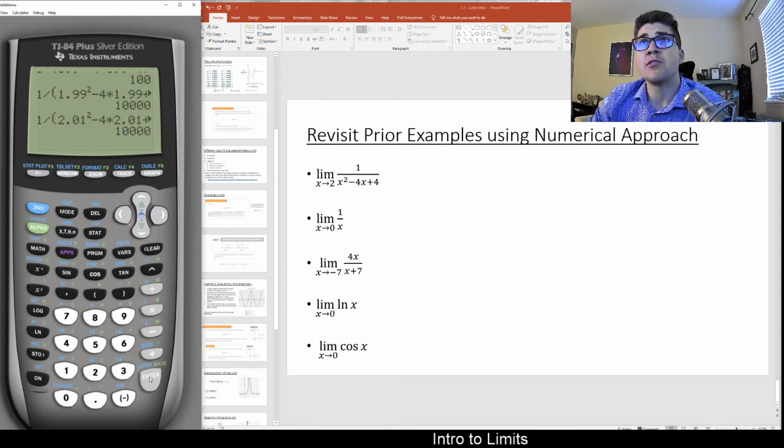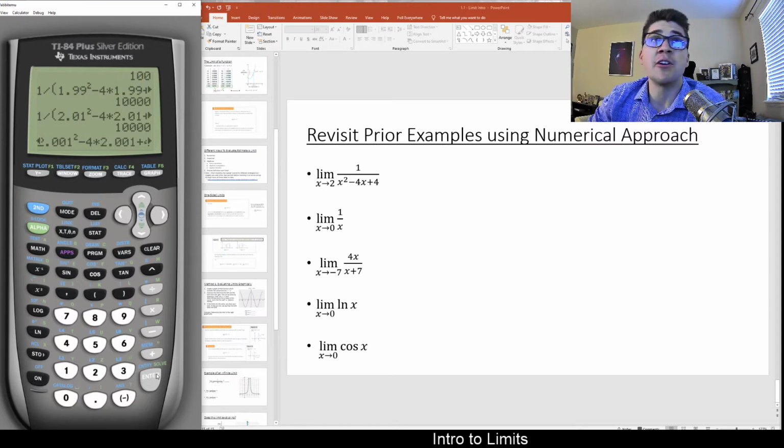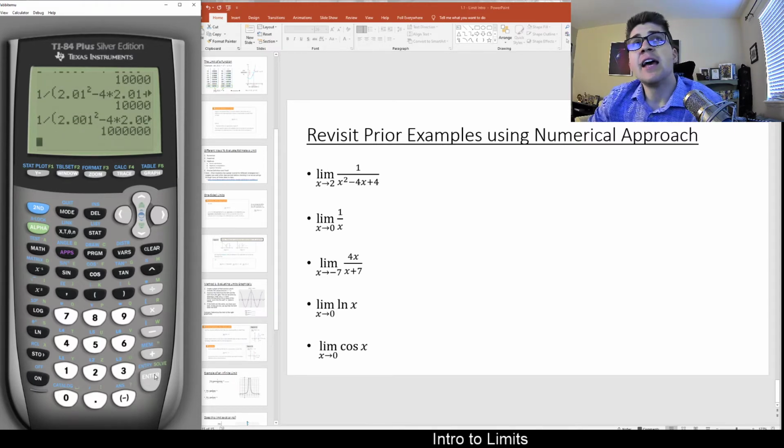If I check 2.01, we have 10,000. I skipped over 2.1, but again, there's no exact way of doing this. You can pick whatever numbers you want. It just is helpful to have a procedural way of getting closer and closer to 2. Then we could even go to 2.001, and it looks like it's 1,000,000.